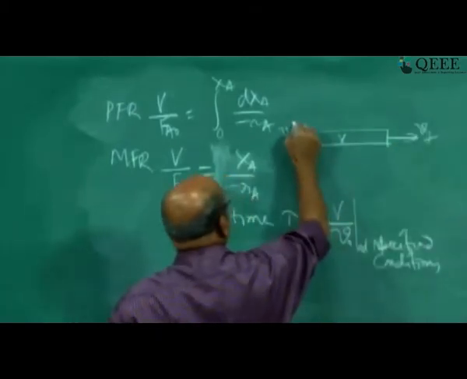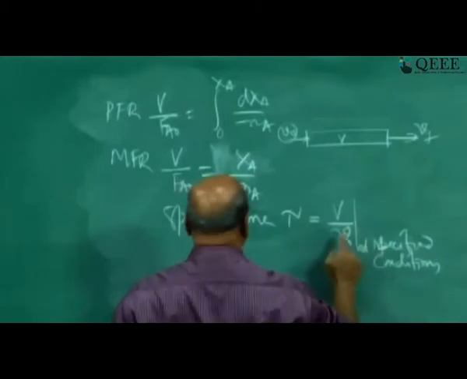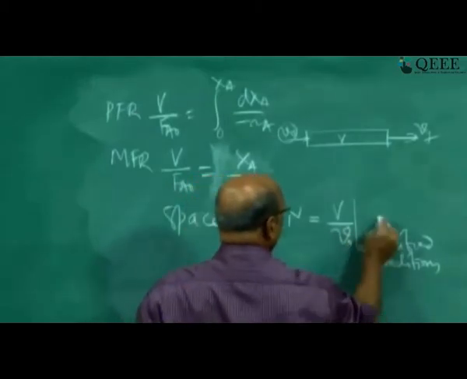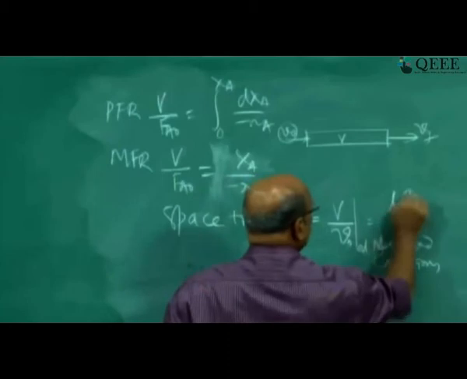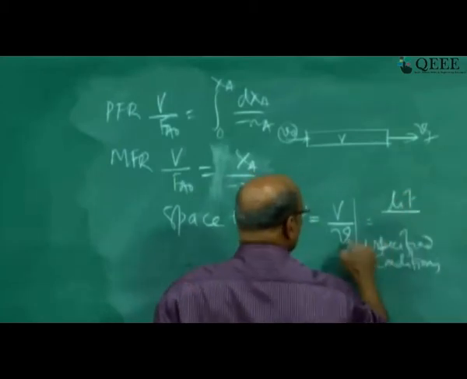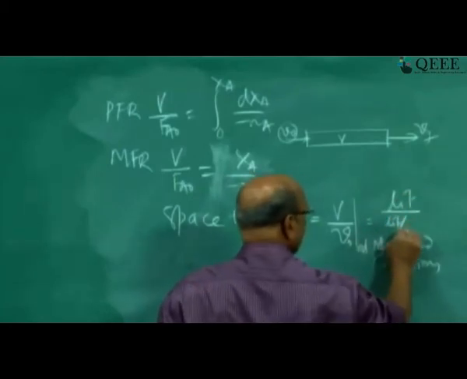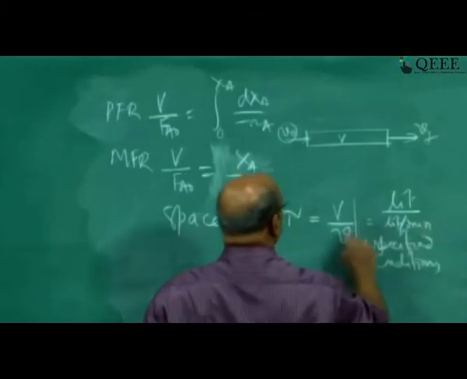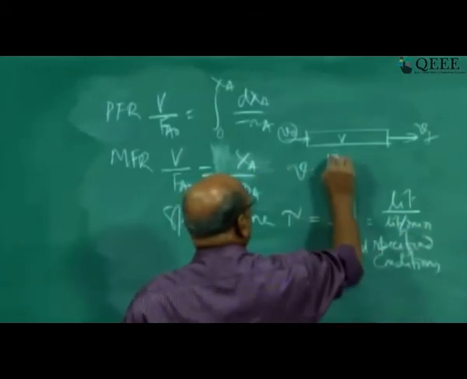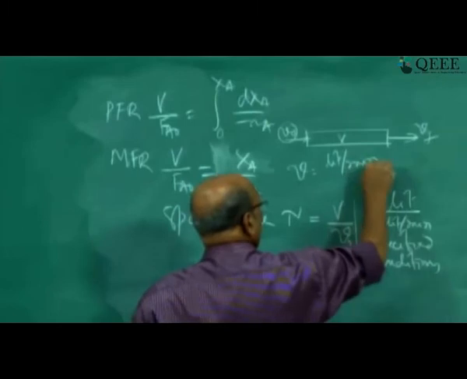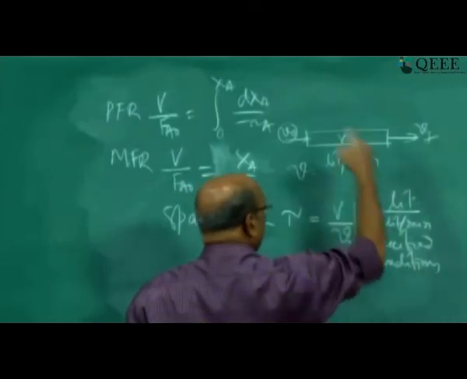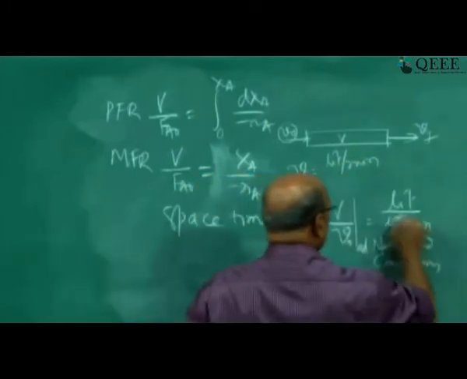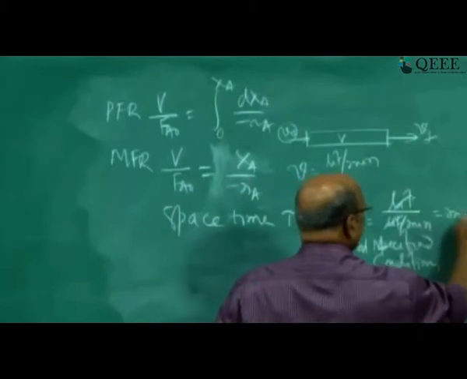V naught is the volumetric flow rate. The units of this will be liters, and this will be liter per minute, or meter cubed per minute or meter cubed per hour, whatever. So now the liters get cancelled, you get the minute.